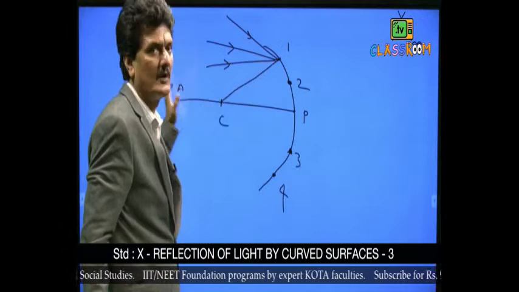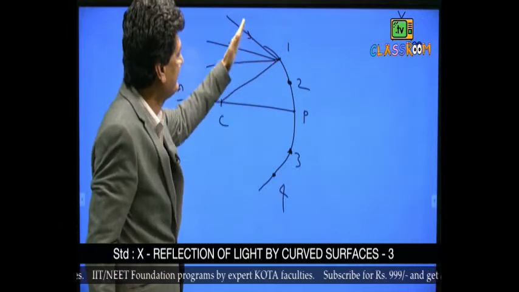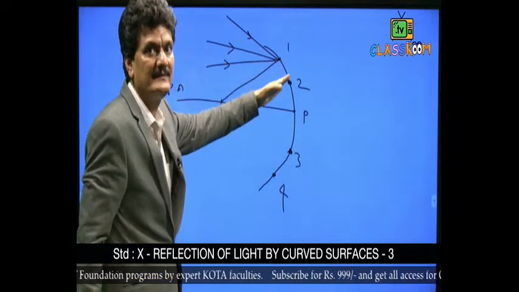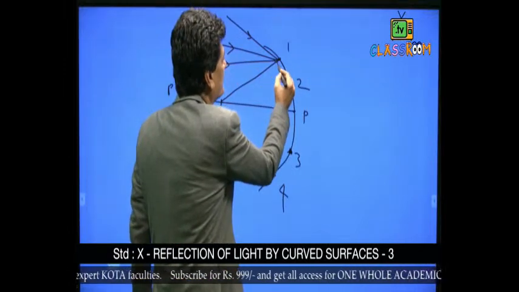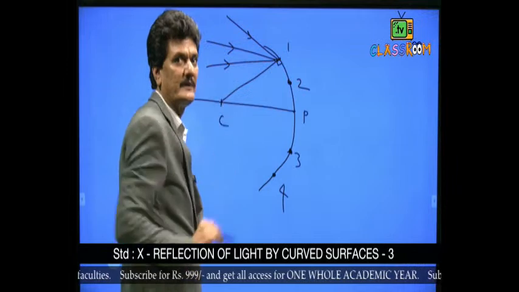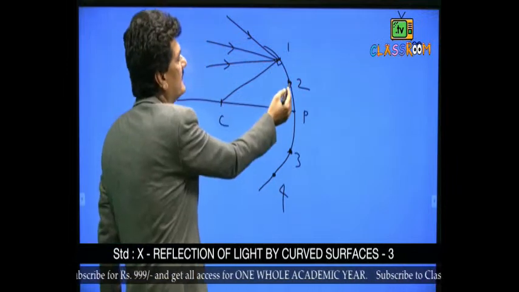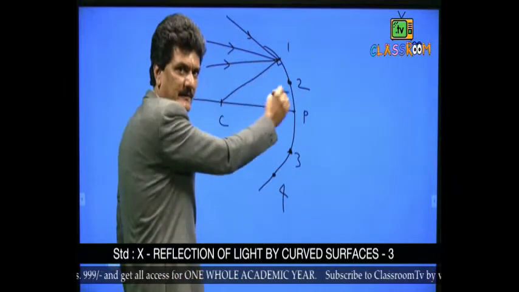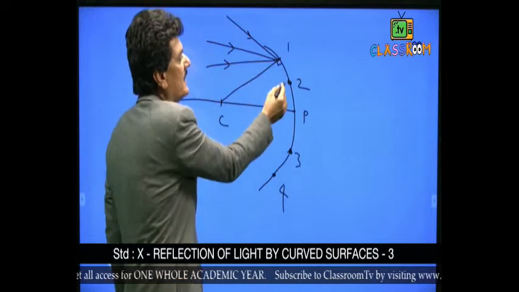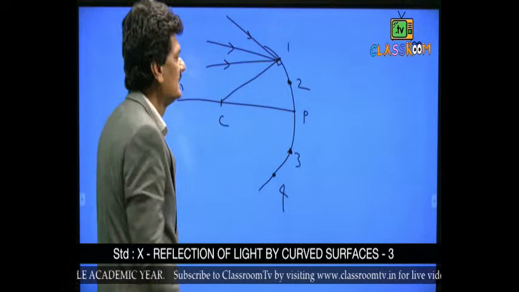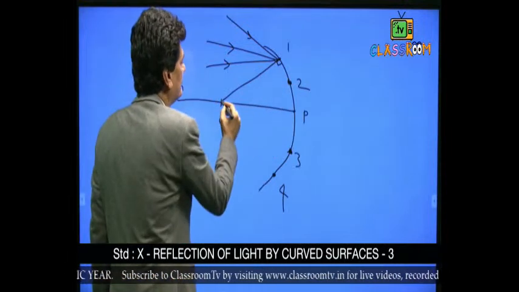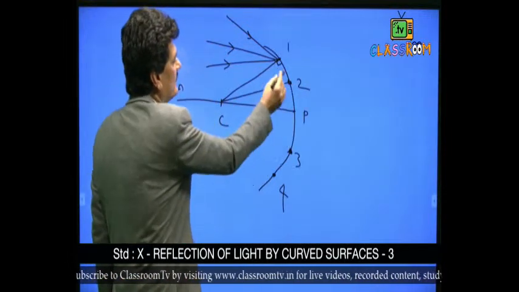There we have drawn the normal. So the normal doesn't take into consideration how the incident ray has struck the mirror. The only thing is that it is perpendicular to the mirror at that point. Here again, incident rays might strike in any which way. You want to draw a normal at that point. What will you do? Join this point of incidence with the center of curvature. You get the normal.